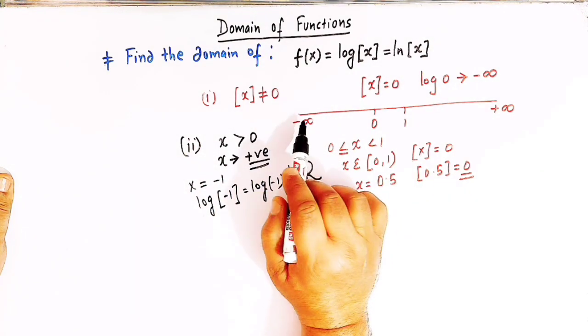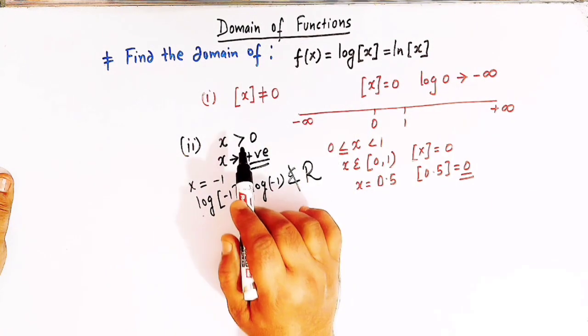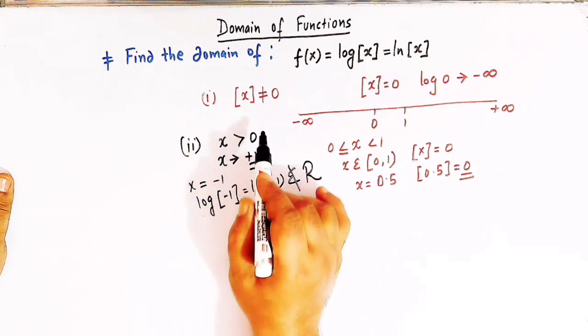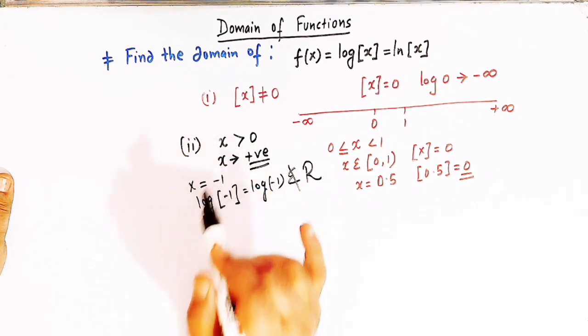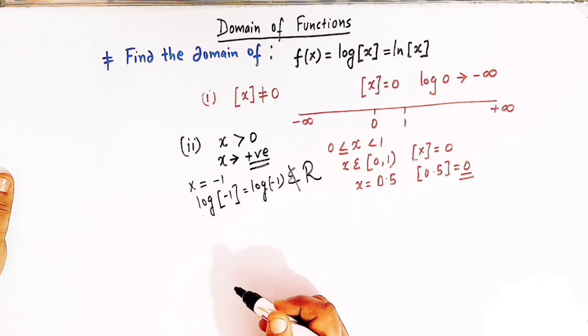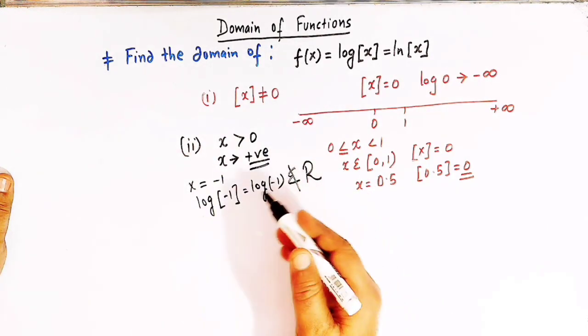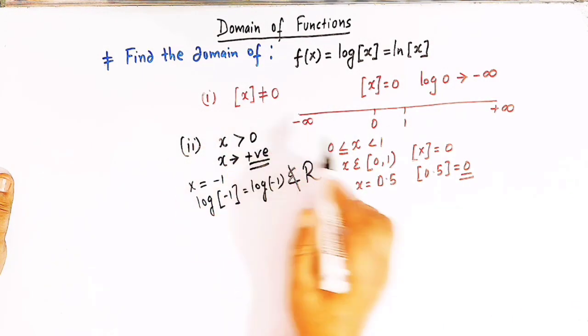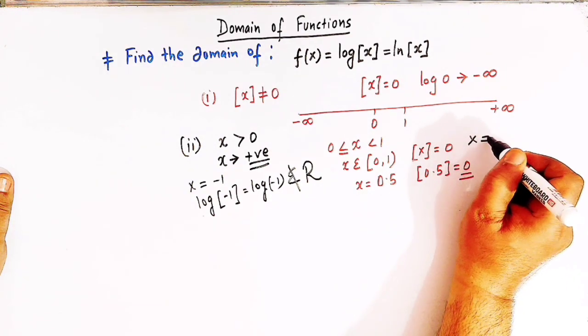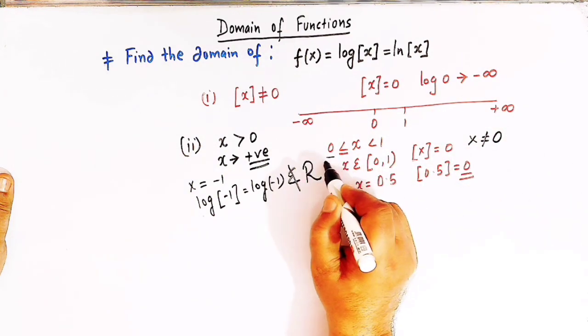So here we have to avoid all the negative values of x, so it implies that x should be greater than 0, right? And we have already said that x should not be equal to 0, right?